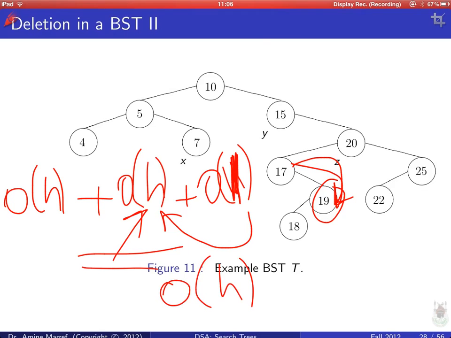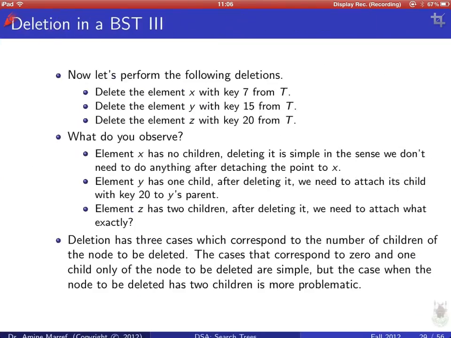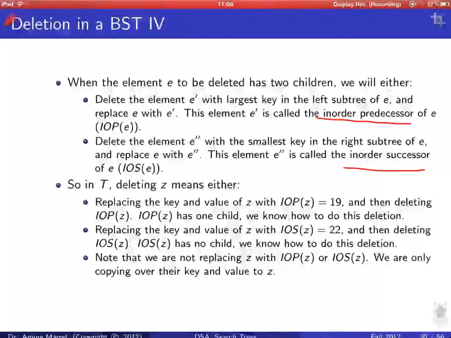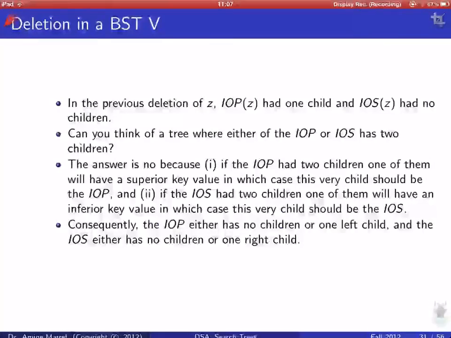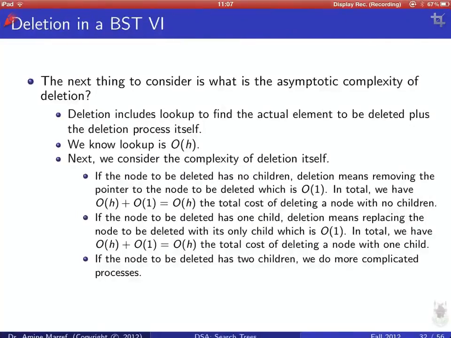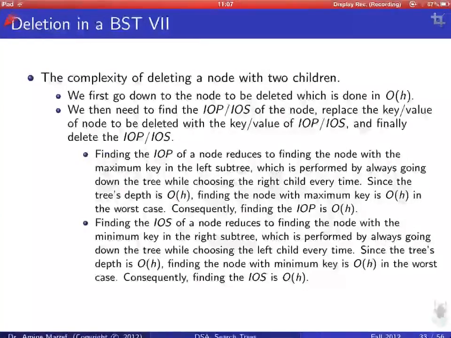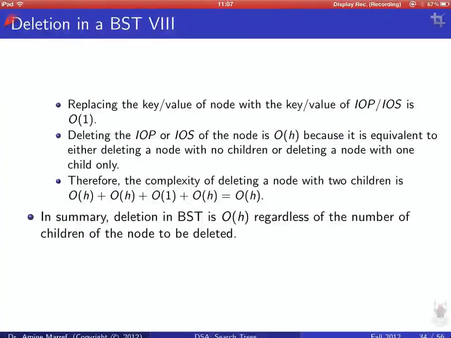Now let's backtrack and look at the Inorder predecessor and Inorder successor. In order to find the Inorder predecessor, all you have to do is find the maximum of the tree. What is the maximum value of the tree? It is the rightmost value.